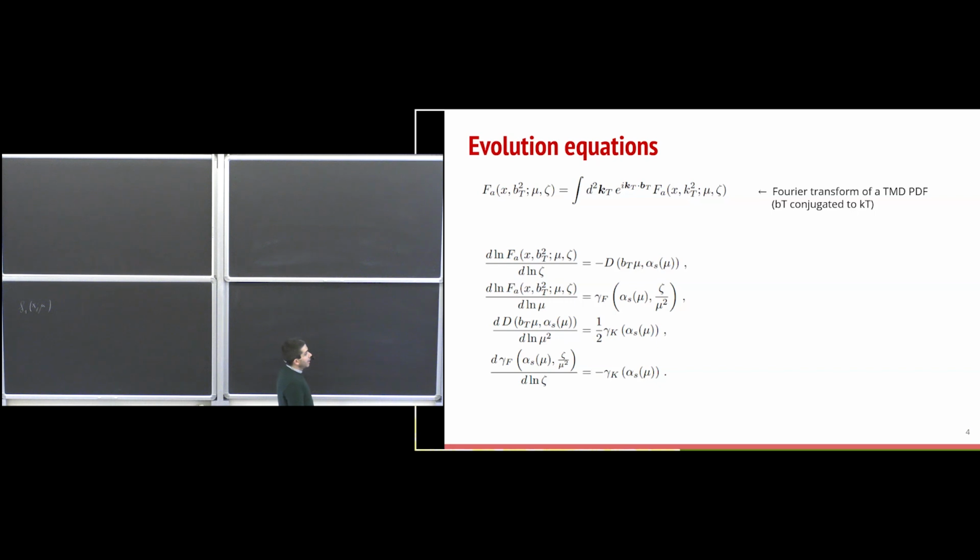The second equation tells you the evolution with respect to mu instead. When you renormalize these UV, ultraviolet, divergences, you have an evolution equation with this anomalous dimension gamma_F. And then you also have renormalization group equations for the 2 anomalous dimensions, D and gamma_F. So you have 4 equations in total.